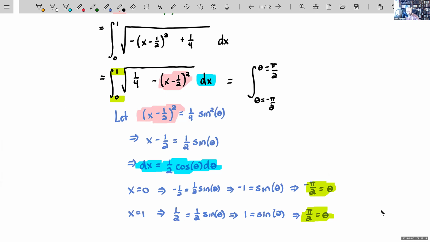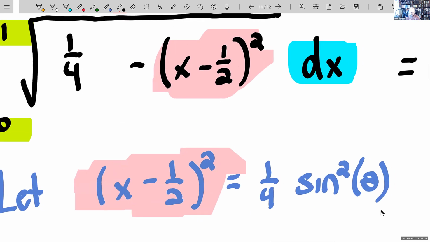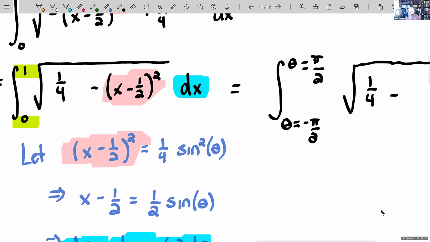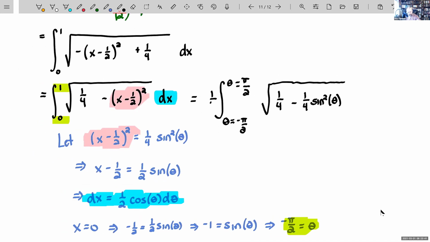Let's see, we also have the square root of 1/4 minus, and then that kind of pinkish mauve color highlighter turns into 1/4 sine squared. And then dx turns into 1/2, which I'll pull out front, cosine of theta d theta.